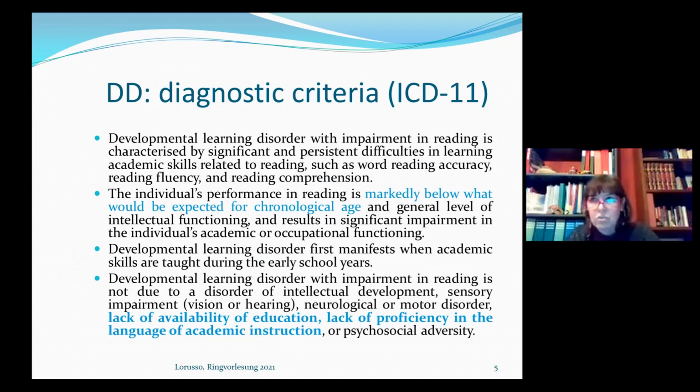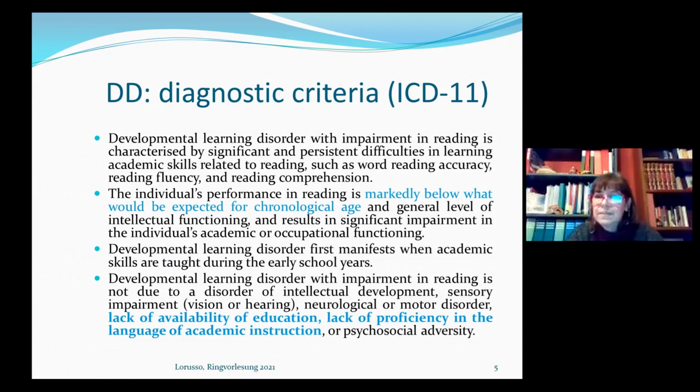So there is no diagnosis of developmental dyslexia. There is a general diagnosis of developmental learning disorder, but it is specified that impairment is especially present for reading. And it is characterized by significant and persistent difficulties in learning academic skills related to reading, such as word reading accuracy, fluency, and comprehension. The individual's performance in reading is markedly below what would be expected for chronological age and general level of intellectual functioning.